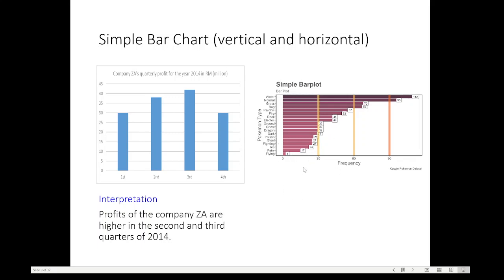Water has the highest value, and then you have normal, grass, bug, psychic, fire. Who plays Pokemon? Who watches Pokemon?